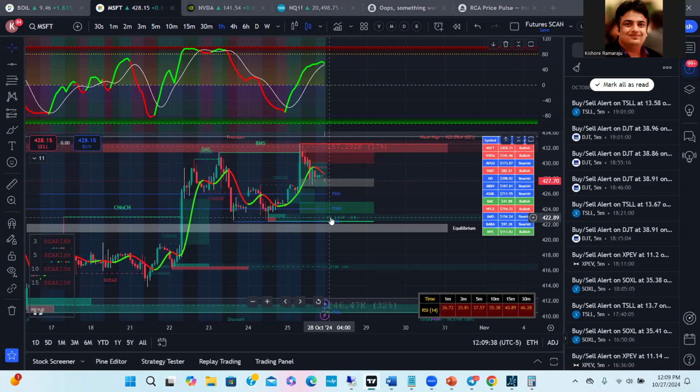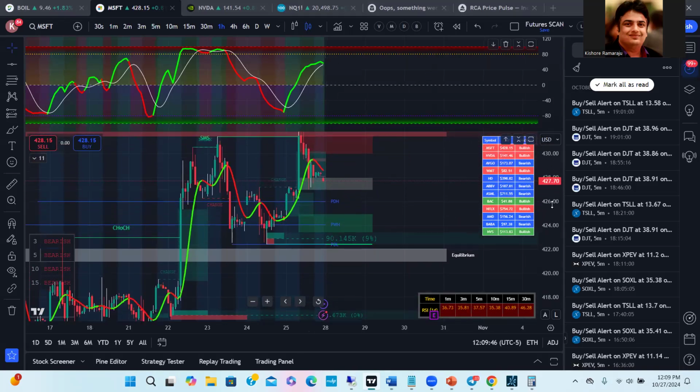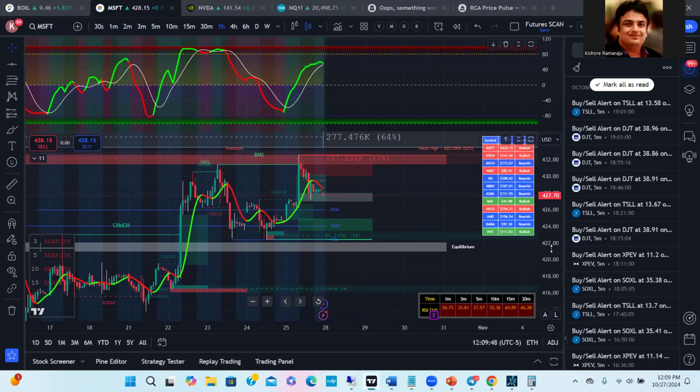It can easily go to $423. So one way is if you are a high risk trader, you can buy the puts. Because it went all the way from the bottom to the top, there are a lot of sell orders. So price started dropping. Your green line became red line. Everything is red here.